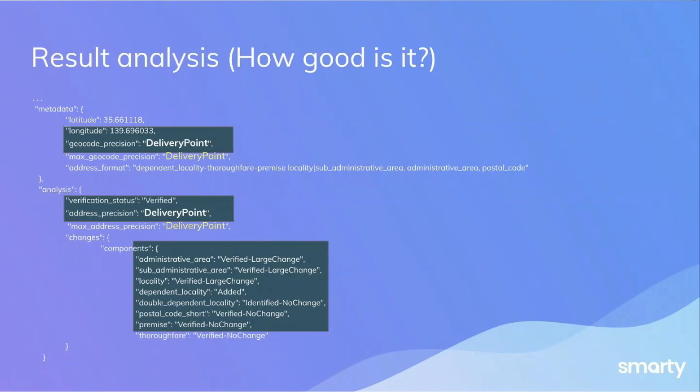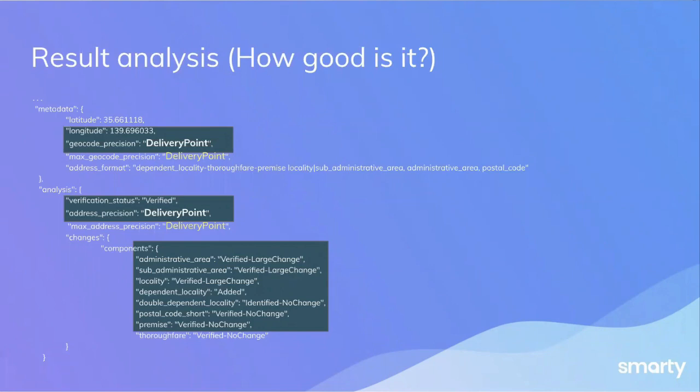So it could be right, it may not be right, not sure, but we identified it in the user input as, in this case, a double dependent locality. And then the other ones, no change, the postal code short, and the premise, just mean that you specified it in your input, and we completely and perfectly matched it in the output.